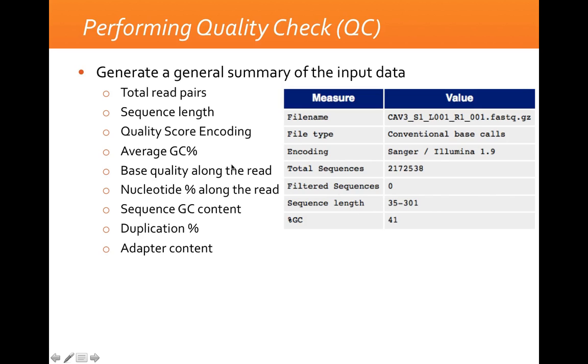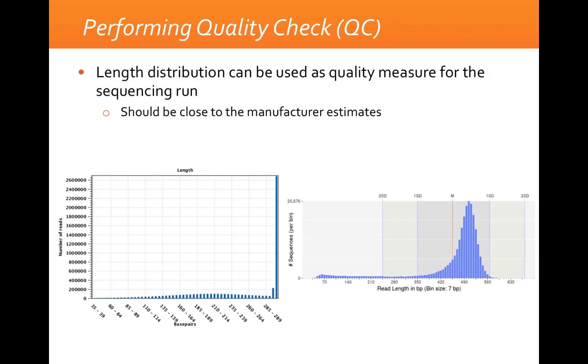So lots of useful statistics here. And also the length distribution of your reads in total, this information can be found, and it should be, of course, close to what you expect from the sequencing library you produced.